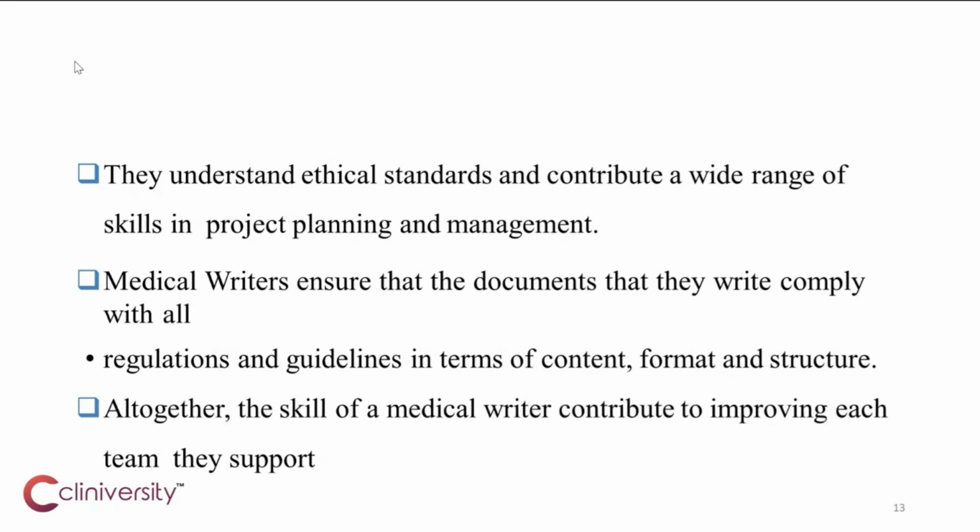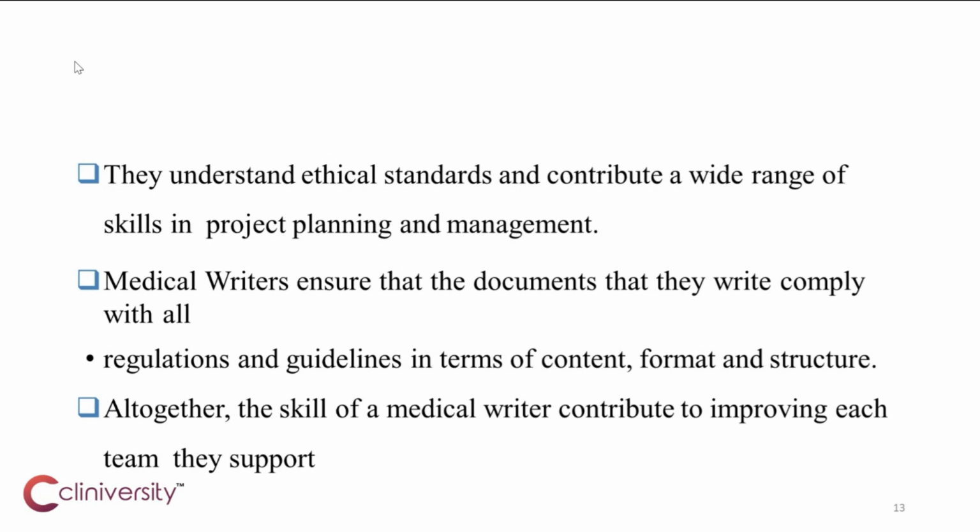This is not a narrow thing, it's a very wide thing. Sometimes we might be working with clinicians, statisticians, management, subject experts, doctors, regulatory experts. So there are many projects that we are going to handle.